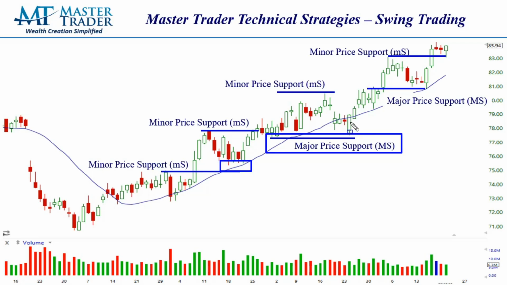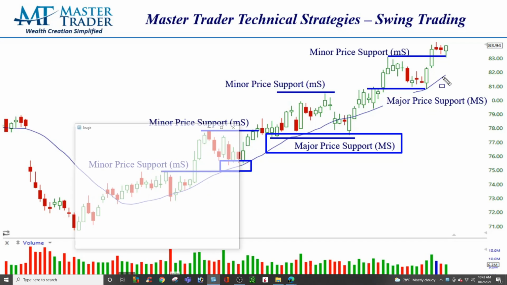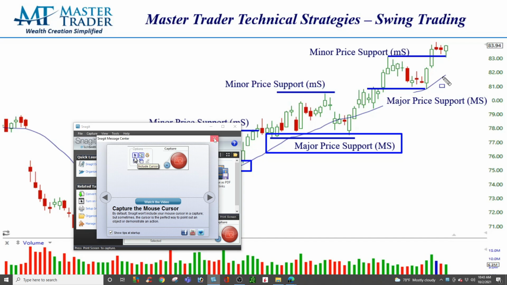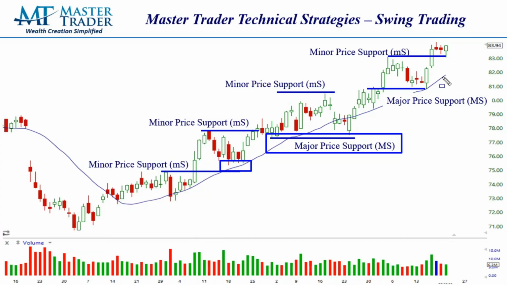That's bullish price action in alignment with a support area. As prices continue to push up, we repeat minor support, pushing up, major support, and we just continue that process along with recognizing the swing highs and the swing lows in our trend analysis.